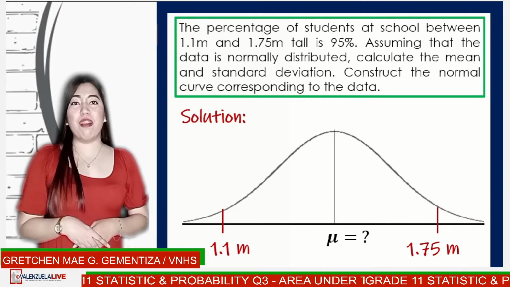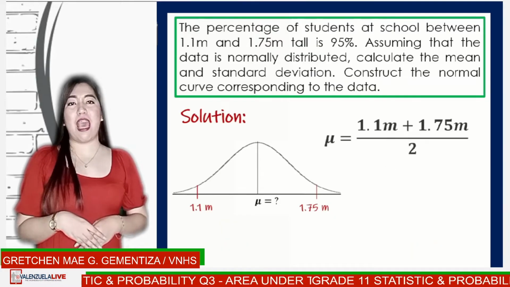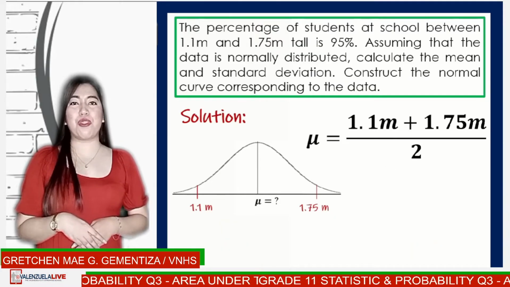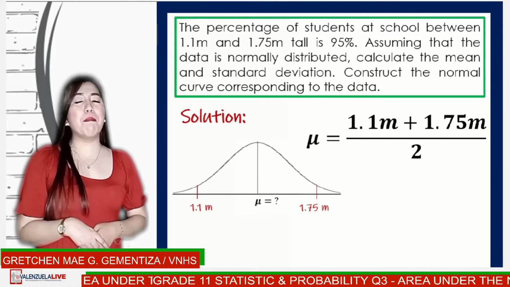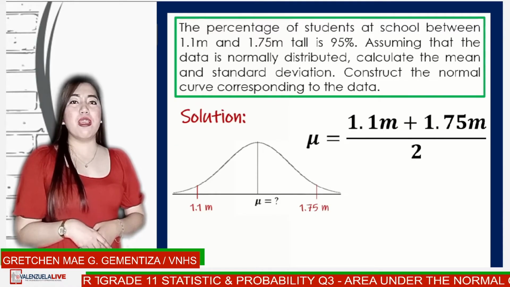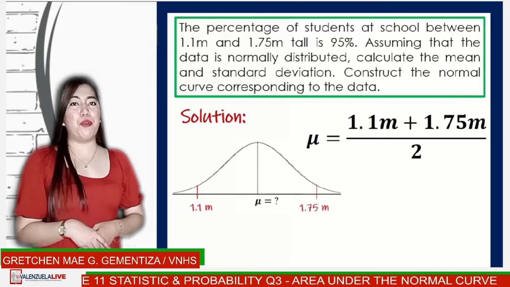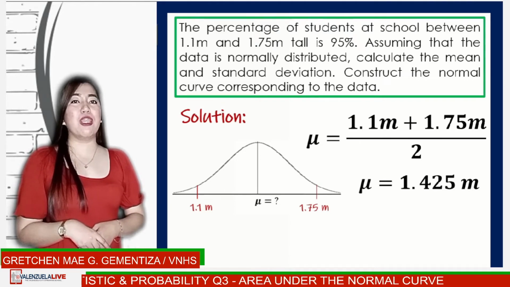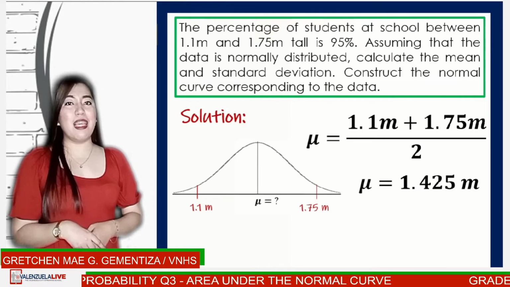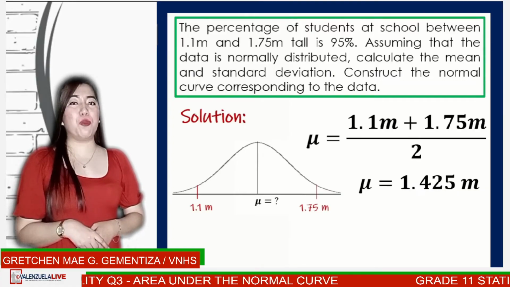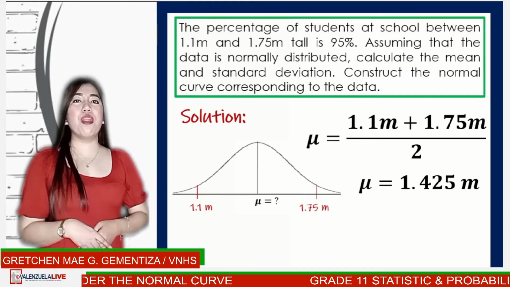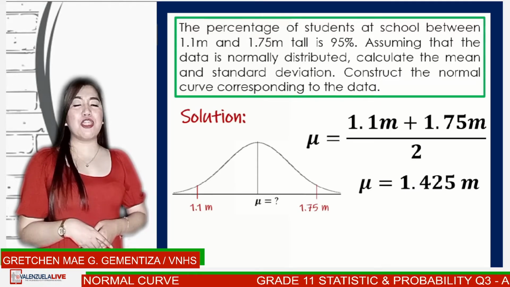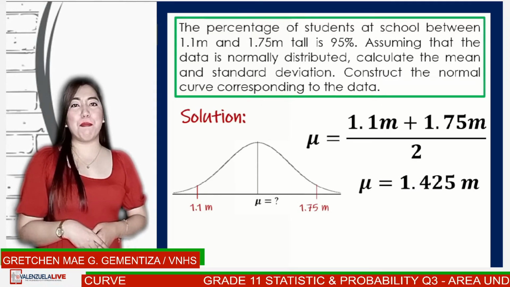So, to solve this, we simply get the average of these two scores. So, 1.1 meter plus 1.75 meter is 2.85 meters divided by 2. The mean is at 1.425. Next is to identify the z-score of the given percentage, which is 95%.